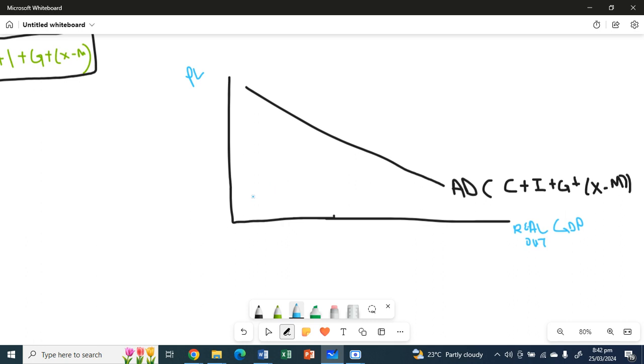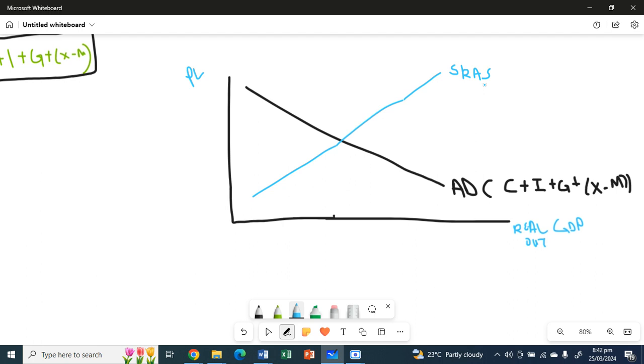Then we have our short run aggregate supply curve. In macroeconomics, the short run is when wages are fixed. If the price level of goods goes up, you cannot go to your employer the next day and ask for a wage raise.